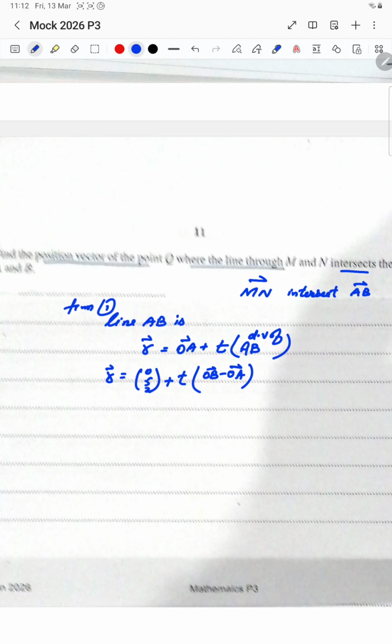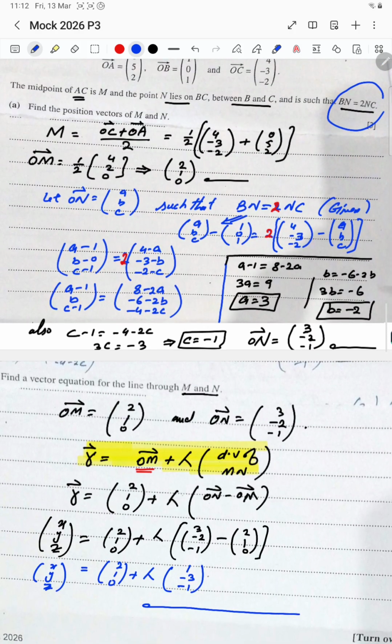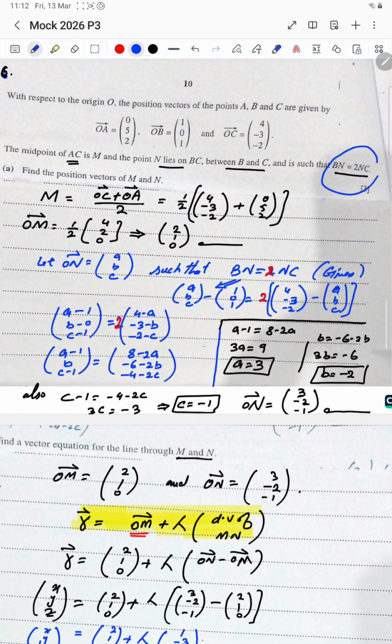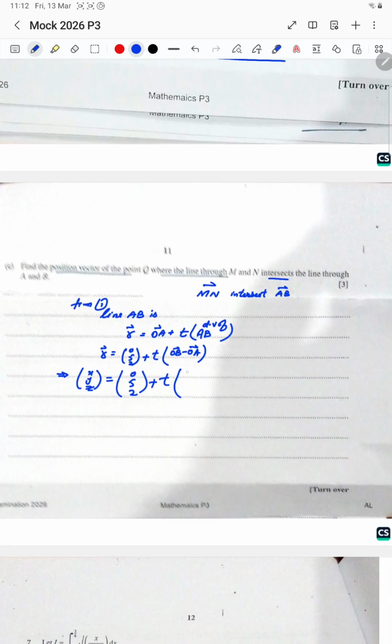Already we know these column vectors, so r will be written as (x, y, z) equals (0, 5, 2) plus t times (OB minus OA). OB is (1, 0, 1) and OA is (0, 5, 2). Let me write it in square brackets and solve this.